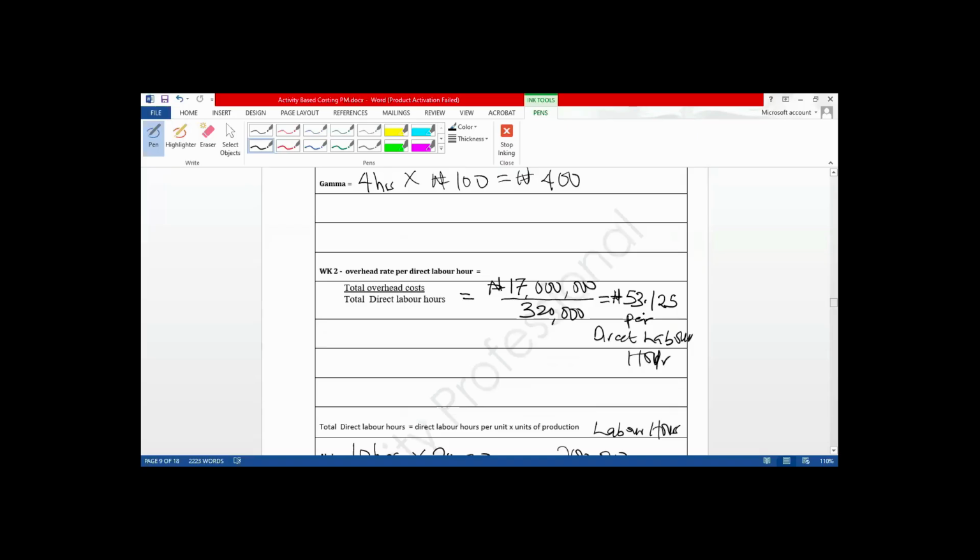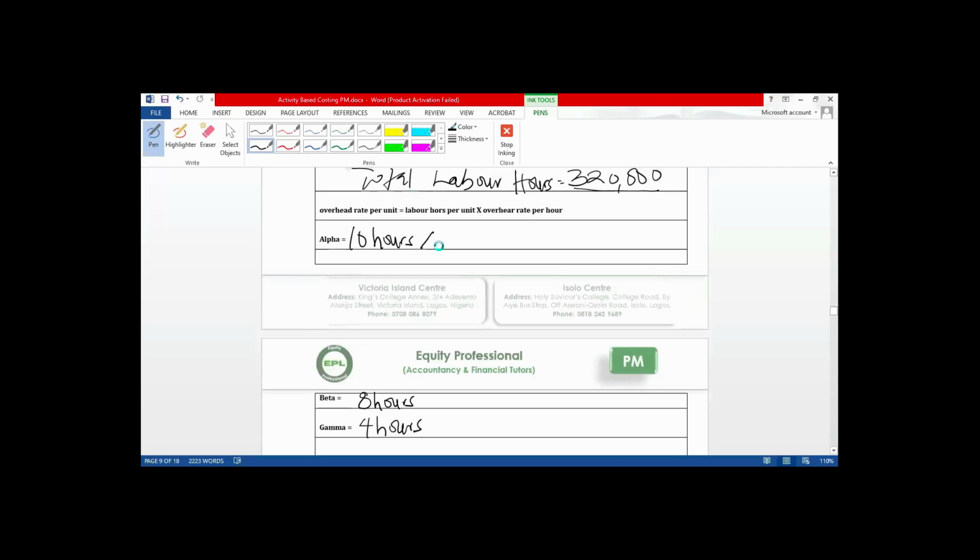Overhead rate per labor hour, 53 naira 0.125 kobo. Pick this, multiply by 10, that will give me 531.25.